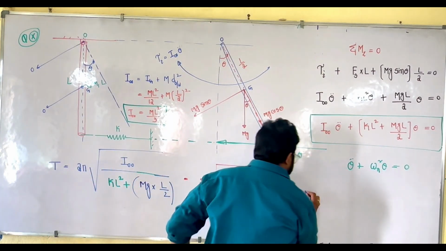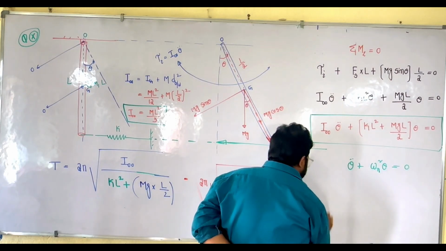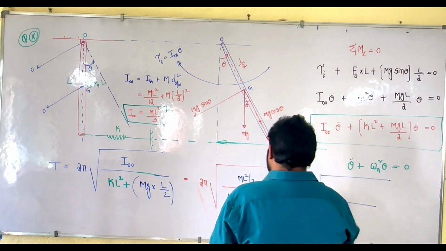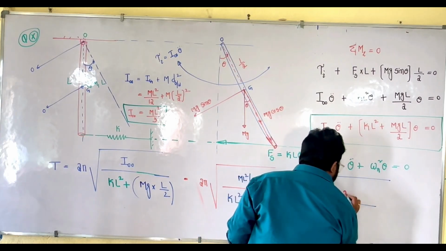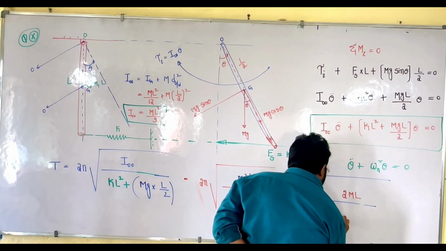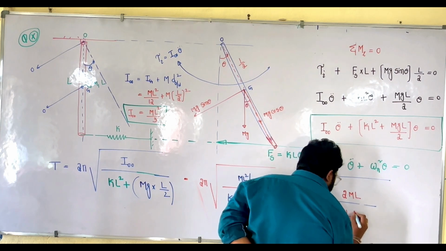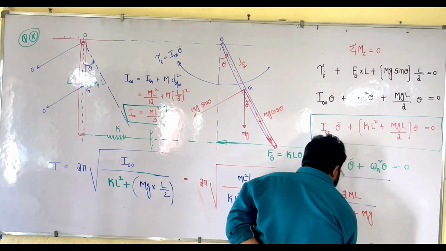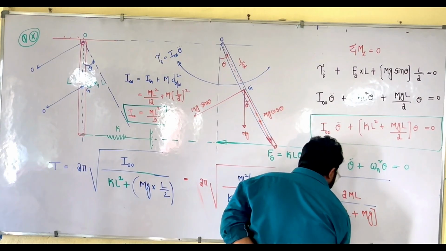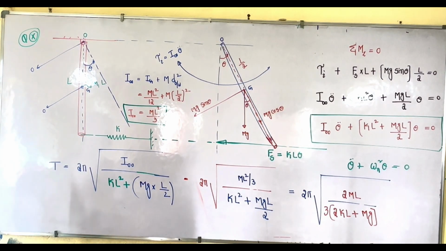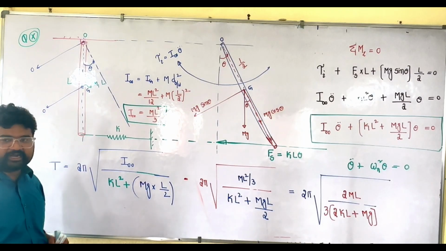Finally, how much is obtained? 3 will come in the denominator. 2 times ml over 3 times of 2 kL plus mg.